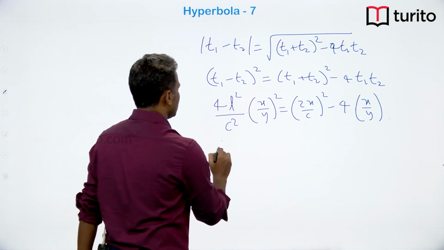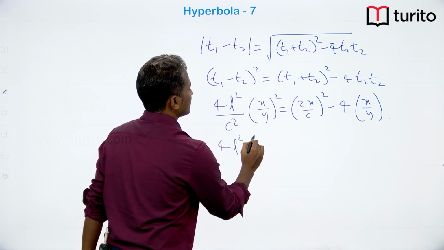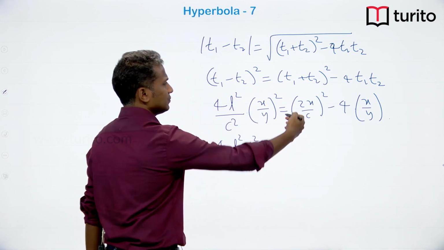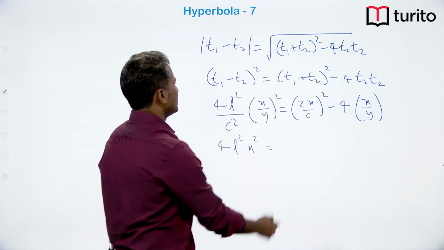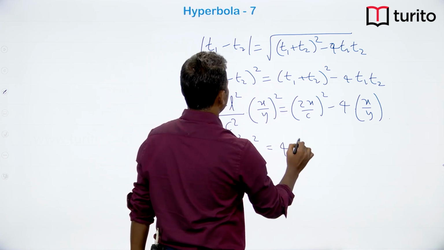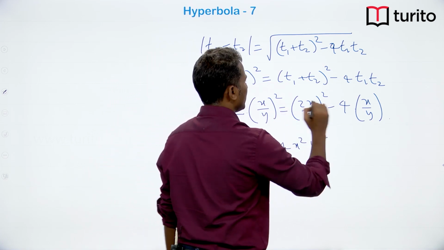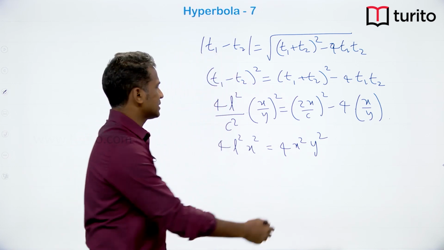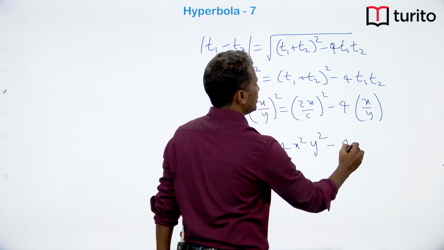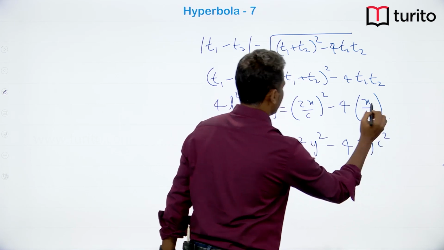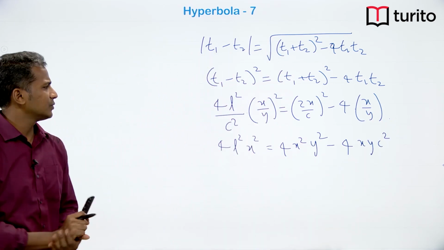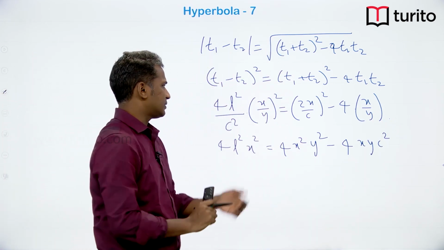So what is the locus? 4l square into x square is equal to, c square will get cancelled, so here we are getting 4x square, and y square will come here, and again the next term, minus 4 into xy into c square. So this way we can solve this question.